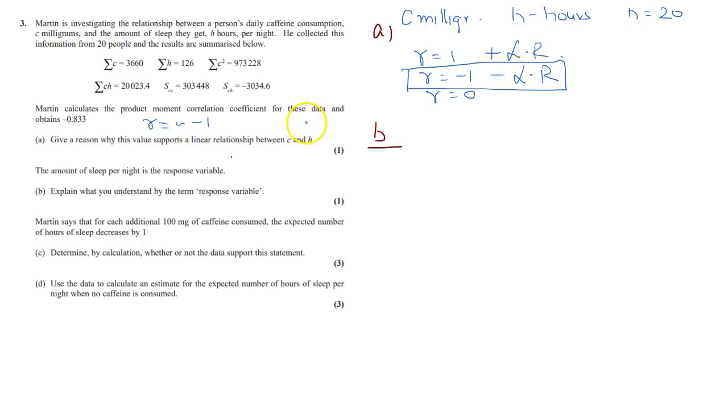Part B. The amount of sleep per night is the response variable. If you check your book of S1, it's written very clearly that a response variable is a dependent variable. Explain what you understand by the term response variable.